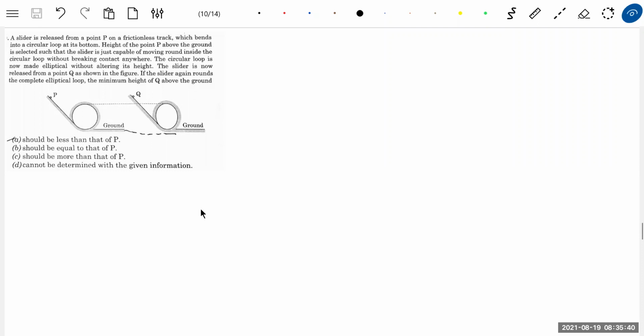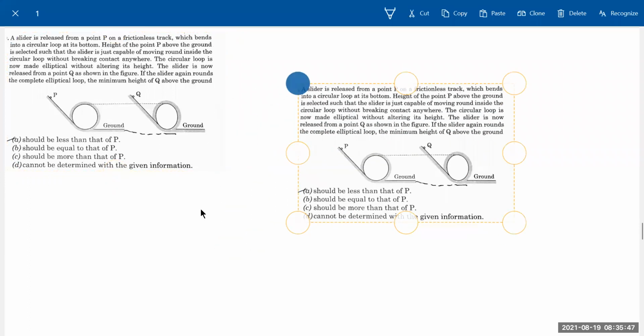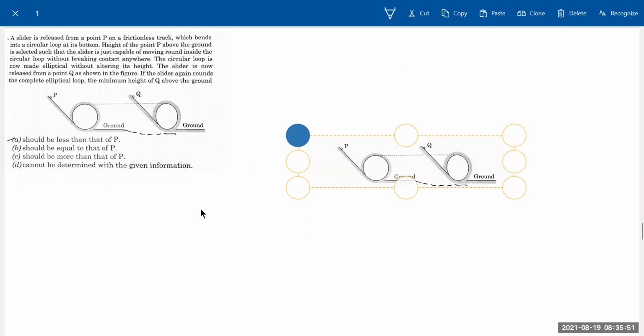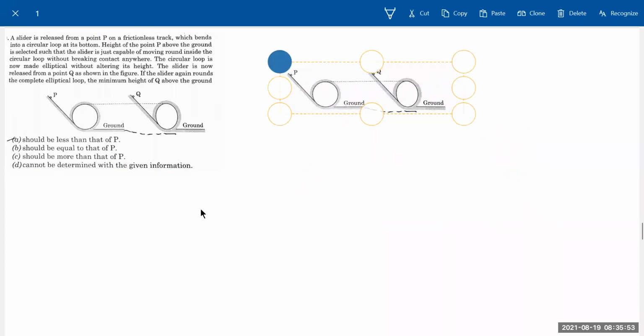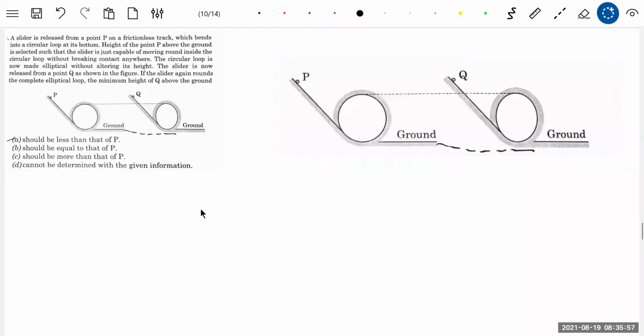Now they are released from the same height. I think I can get the diagram. Look at this one now. So here they are released from the same height. The dot is a block. The block when released will arrive here.